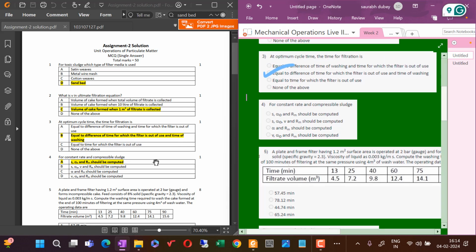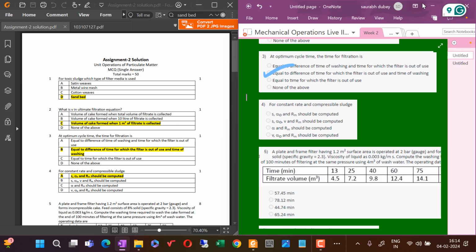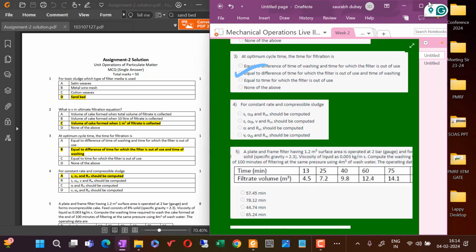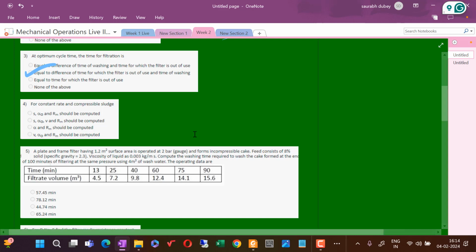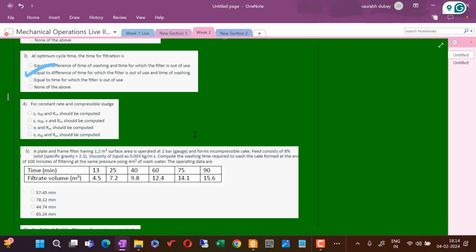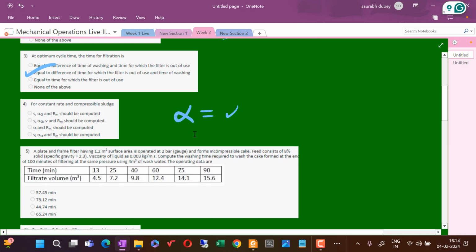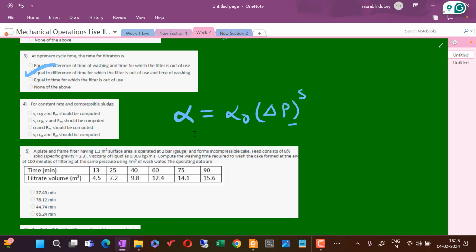And another question is for the constant rate and the compressible sludge, this S, alpha 0 and Rm. So for the compressible cake, alpha is alpha 0 delta P to the power S, and for the constant rate with compressible cake, these values have to be calculated.